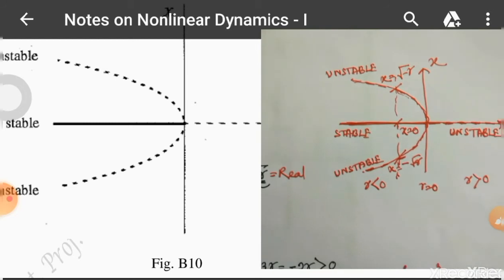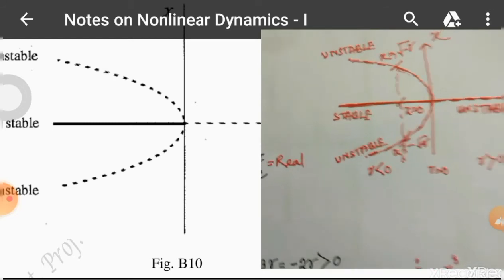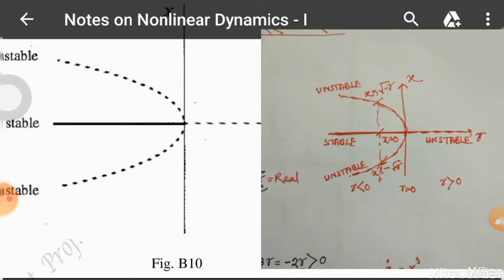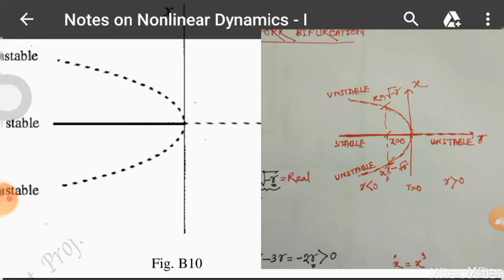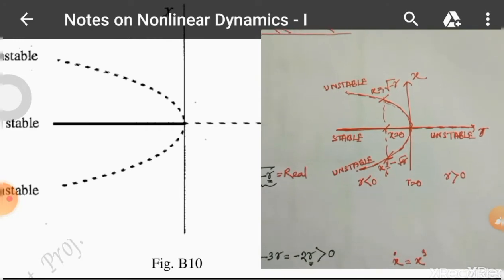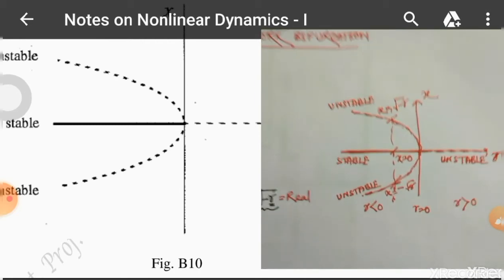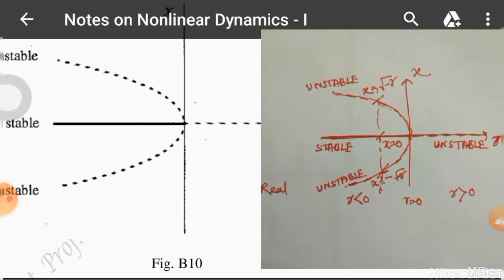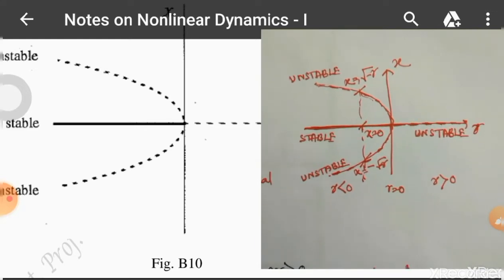So for subcritical bifurcation, the cases are just inverted, compared with the case of supercritical bifurcation. In this way we can describe the bifurcation diagram for subcritical pitchfork bifurcation.